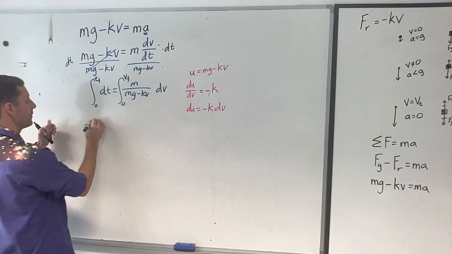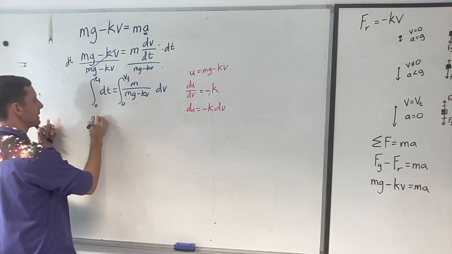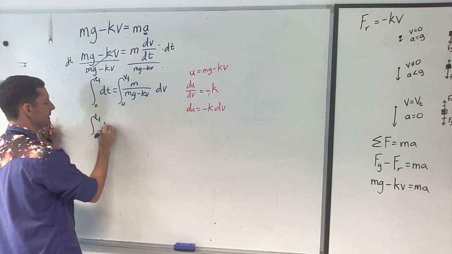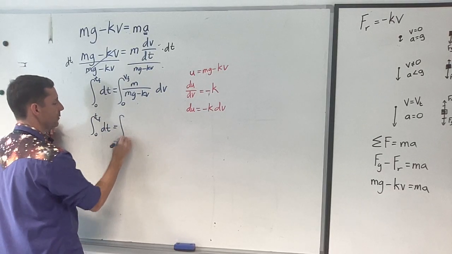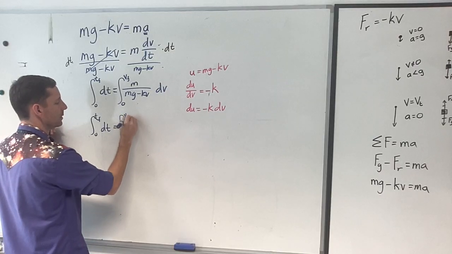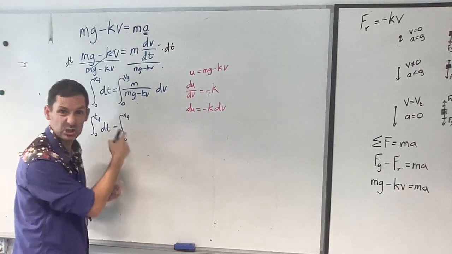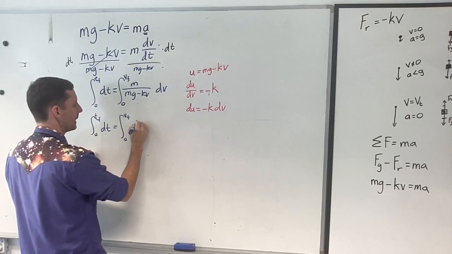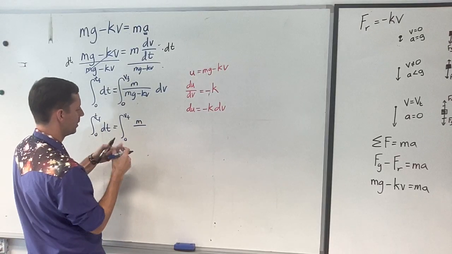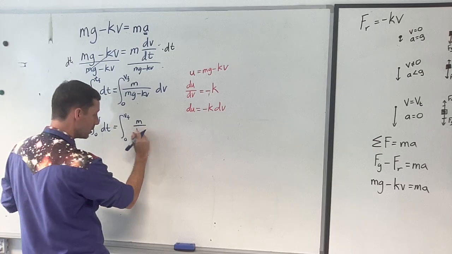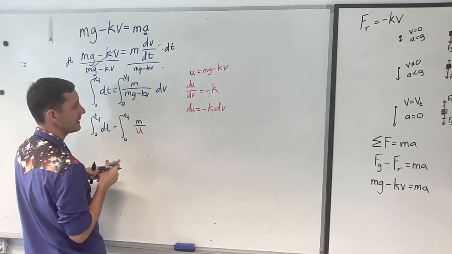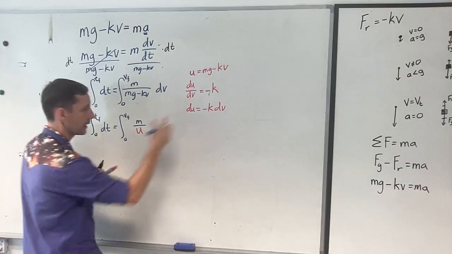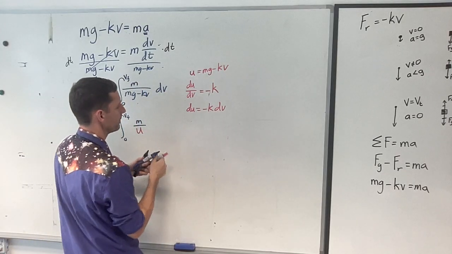All right, so that can now be substituted back into my integral over here. So I will have the integral from 0 to the final time of dt must be equal to the integral from 0 to the final velocity, which is terminal velocity here, right, of m over u, and instead of dv, sorry, I guess I needed one more step over here.